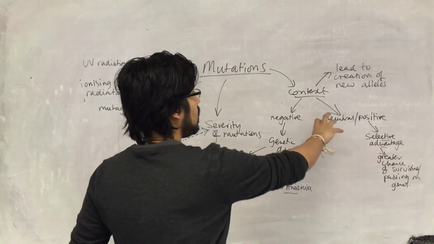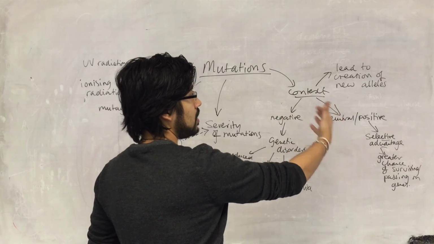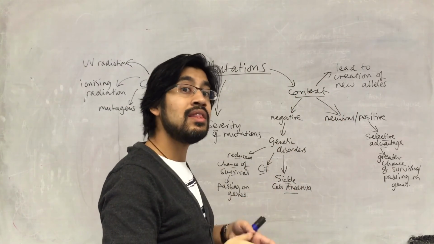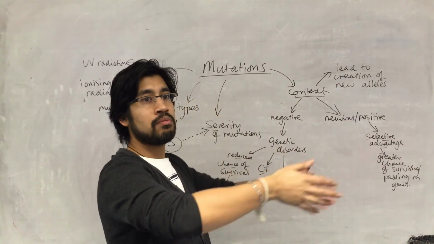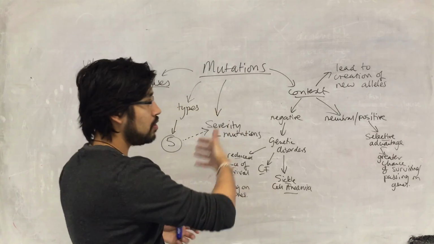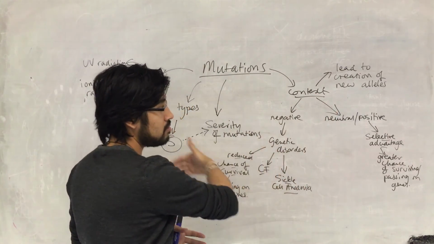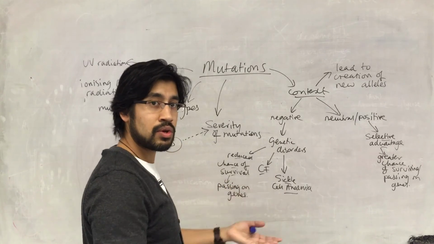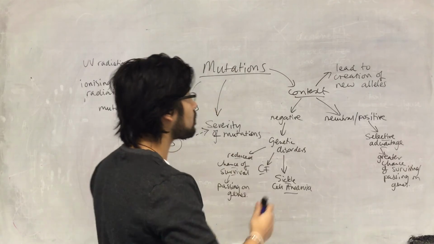But if that mutation means that the white bear in the forest is less camouflaged, surrounded by the brown of the trees, the brown of the fallen leaves, etc., no longer camouflaged because it's white, that is then a negative mutation and is going to cause it to have less of a survival chance.